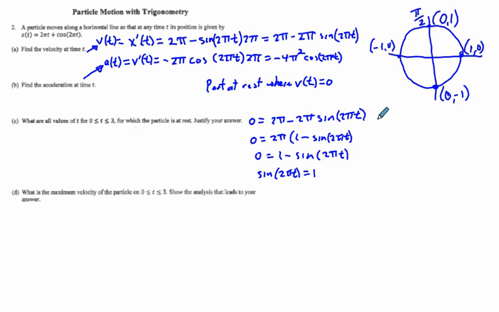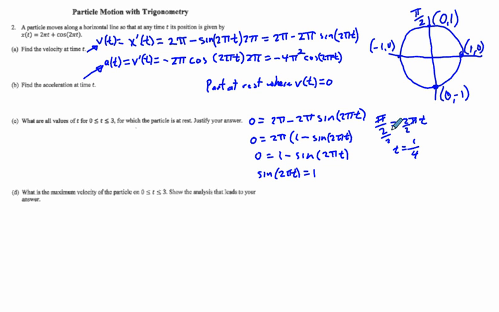So what we can do is we set pi over 2 equal to 2 pi t. And pi over pi will cancel out, and then we divide by 2. So we have t is equal to 1/4. So that is a value of t for which the particle is at rest.